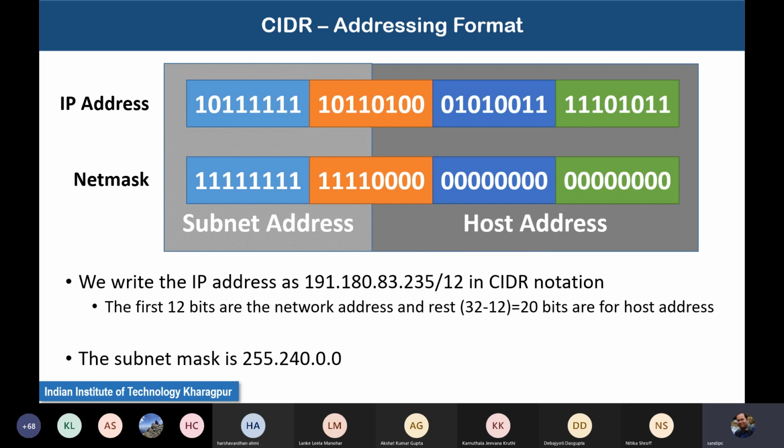Here 12 bits are used for the network address component, so we make it /12. You can use either of these two notations.